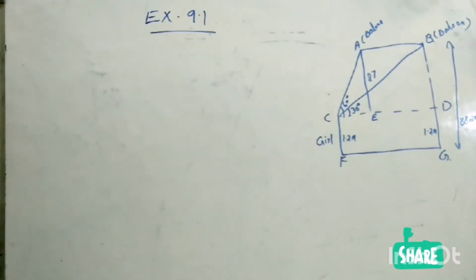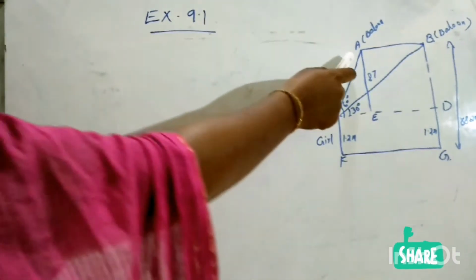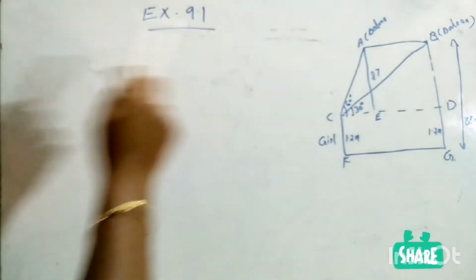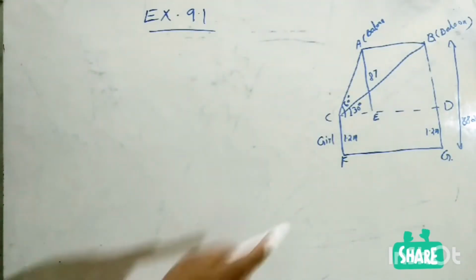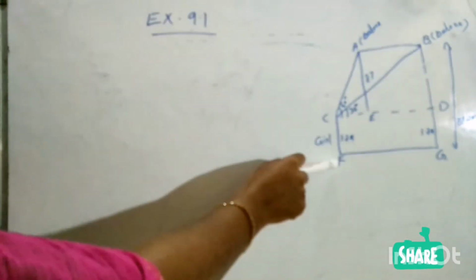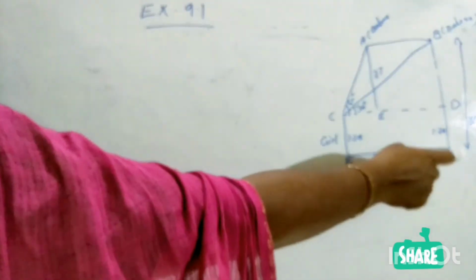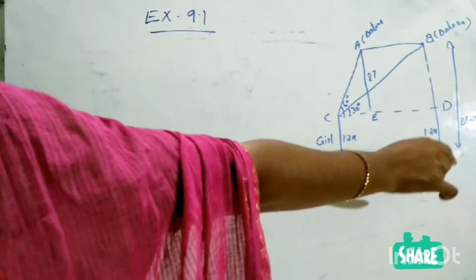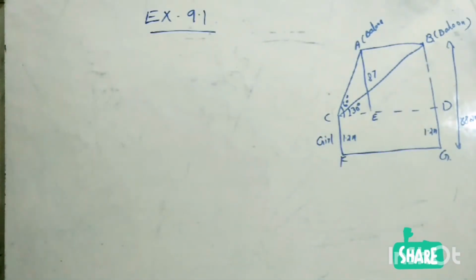In the figure, capital A represents the first position of the balloon and capital B represents the second position of the balloon, and CF is our girl, and the height of the girl is given, that is 1.2 meter. Since CF is 1.2 meter, thus DG is also 1.2 meter. And the height of the balloon is given in the question, that is 88.2 meter.